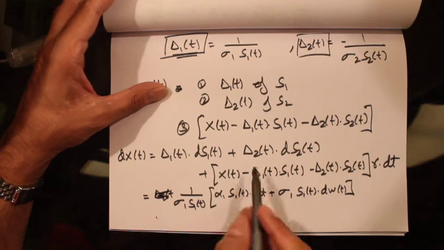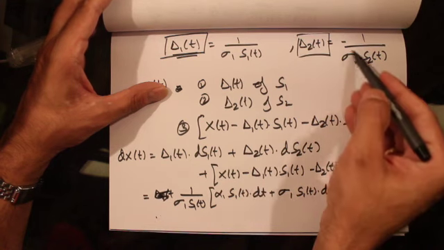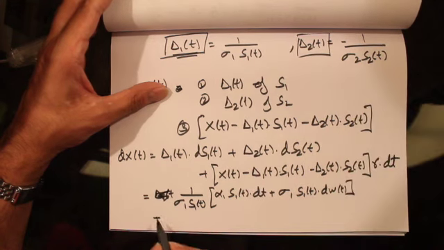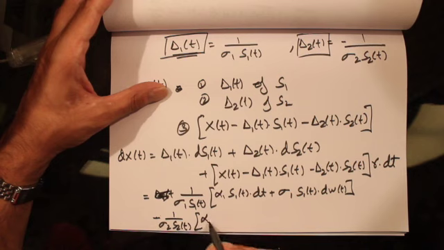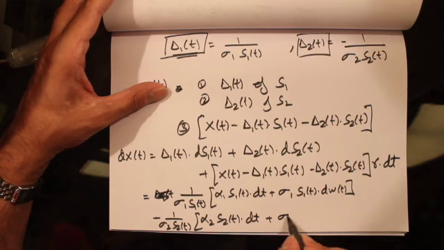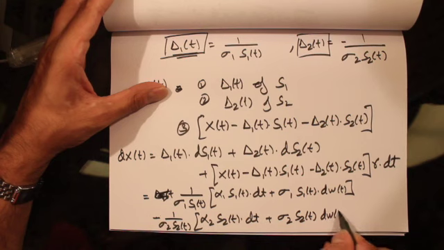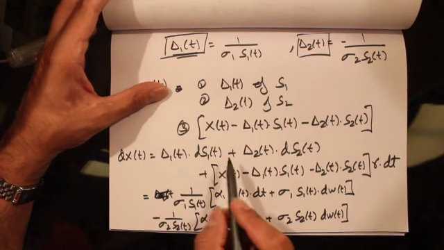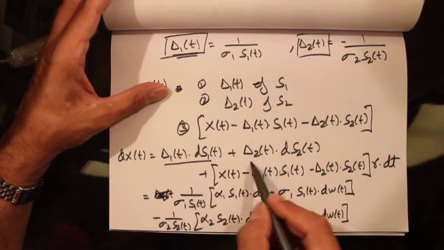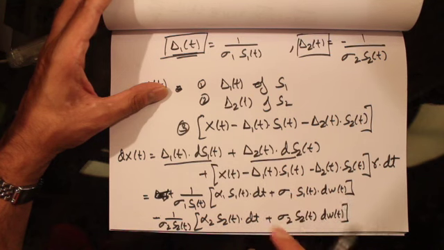Then we have delta 2(t), which is a short position, minus 1 over sigma 2 S2(t), and here it's going to be alpha 2 S2(t) dt plus sigma 2 S2(t) dW(t), right? So that takes care of this term and this term. That's what I've written here.